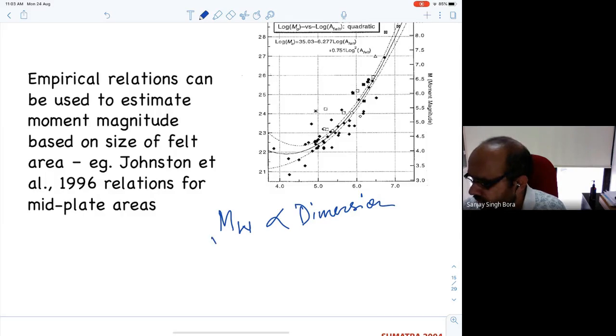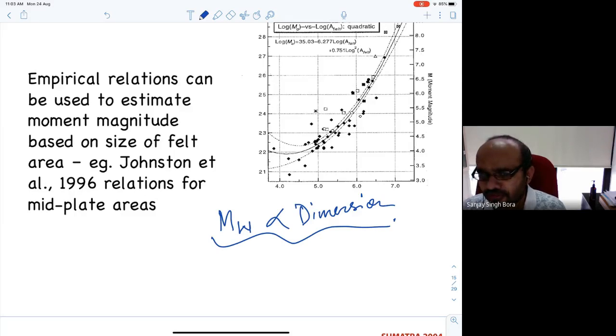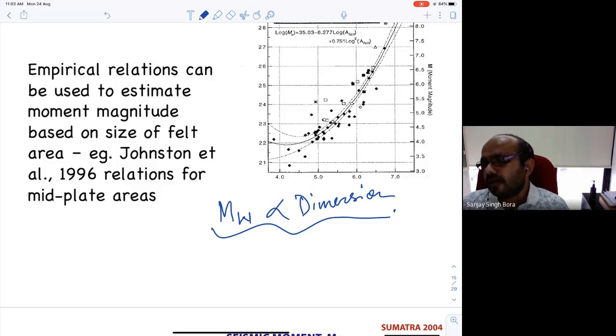If you know the area of a fault or a length of a fault, you can calculate empirically. Empirically means they took some observations and then they tried to fit some straight line or a quadratic or something like this. So they tried to observe some linear relationship between earthquake size and moment magnitude.